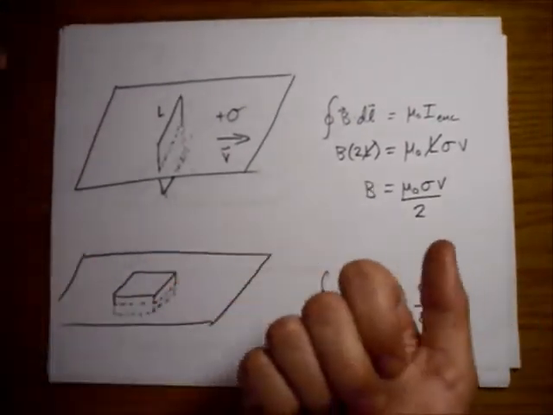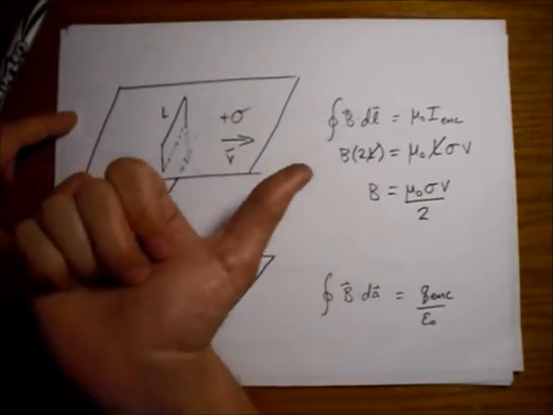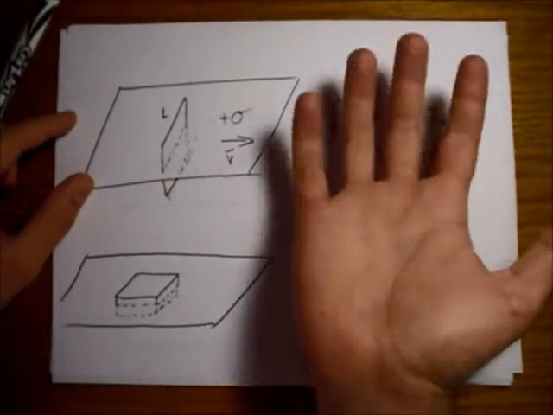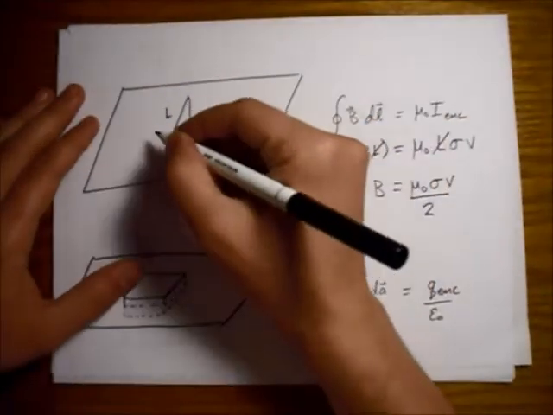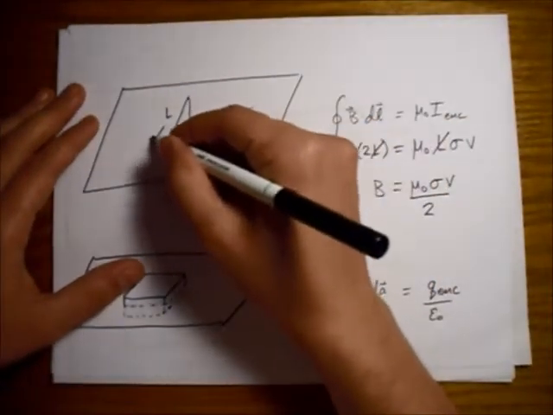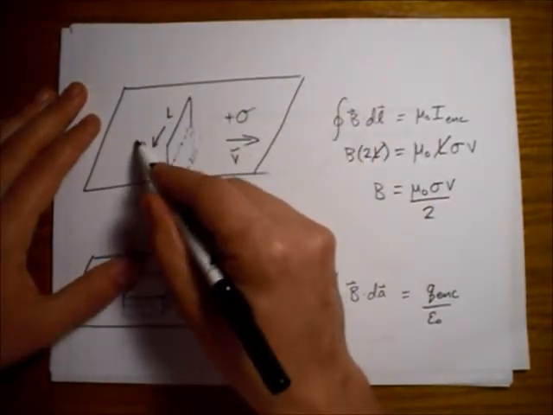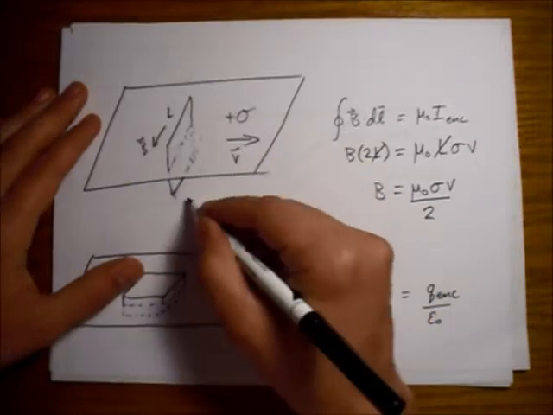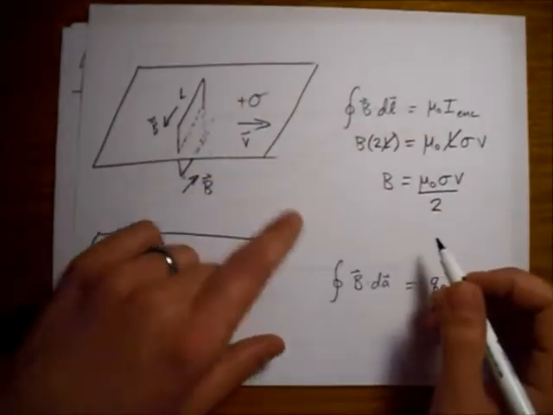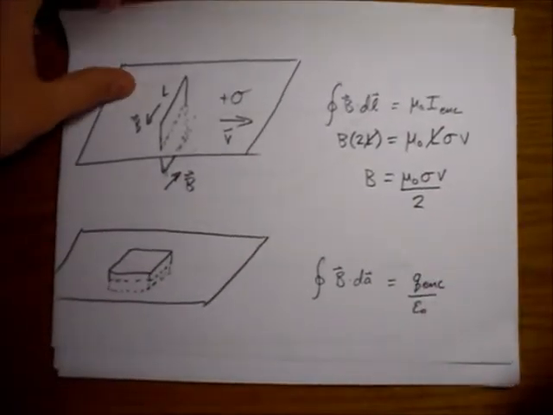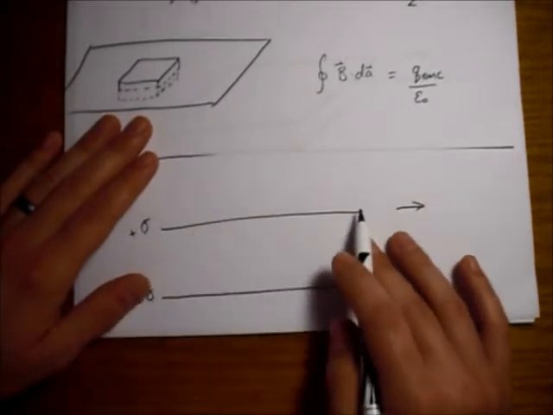Let's find its direction by the right-hand rule. If our charge is moving to the right, the field is going to curl around this way. That means that B will be coming this way above the plate or the surface, and going the other way below the surface. So let's draw that on this picture here.